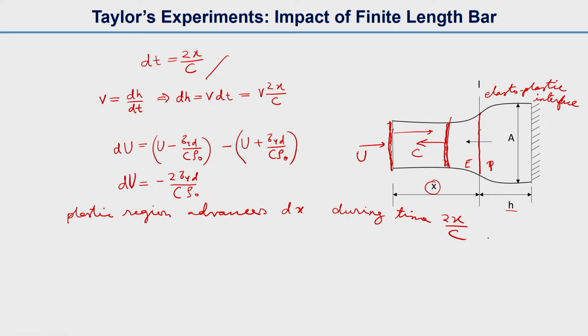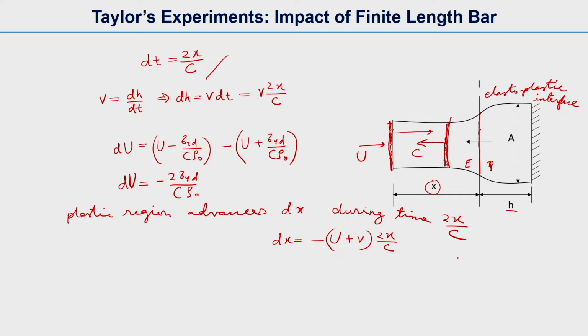So we can write that as dx equal to minus u plus v multiplied by the time. How did we get this?